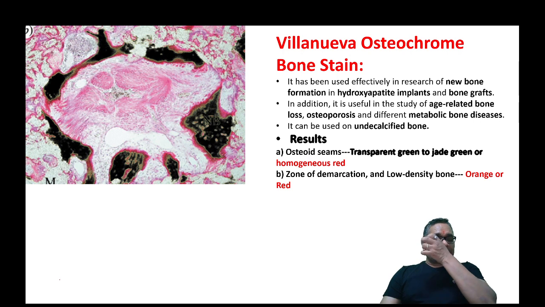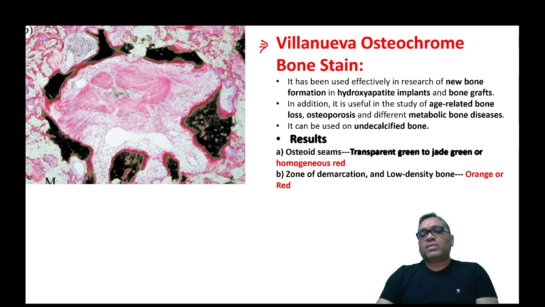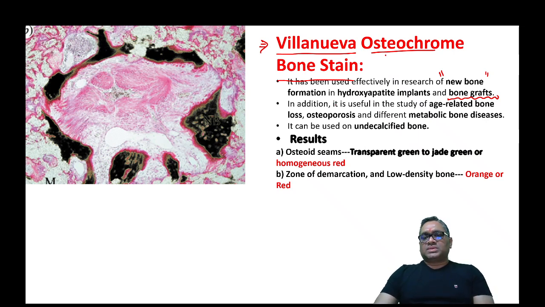Now this is another new stain for the bone, which is not given in our usual textbooks. This is called Villanueva osteochrome bone stain. Remember, this is the Villanueva osteochrome stain. It is for identification of new bone in those who have been given bone grafts. So those who have been given a bone graft, new bone will be identified by Villanueva osteochrome staining, right?